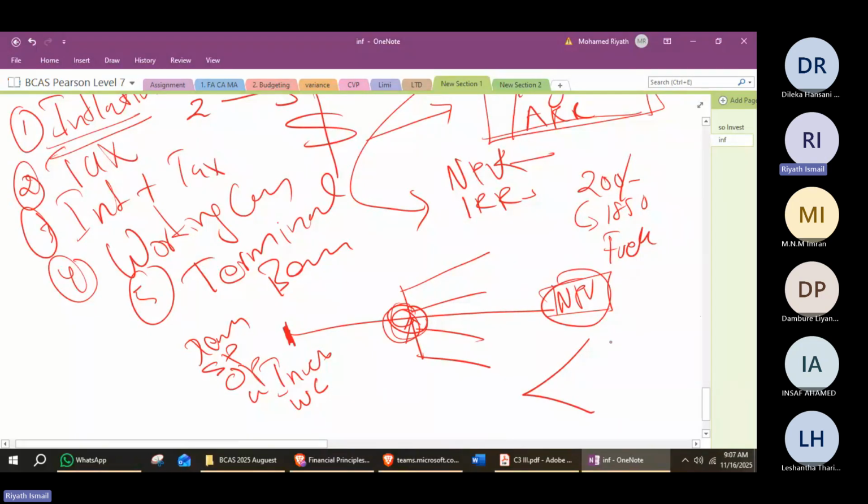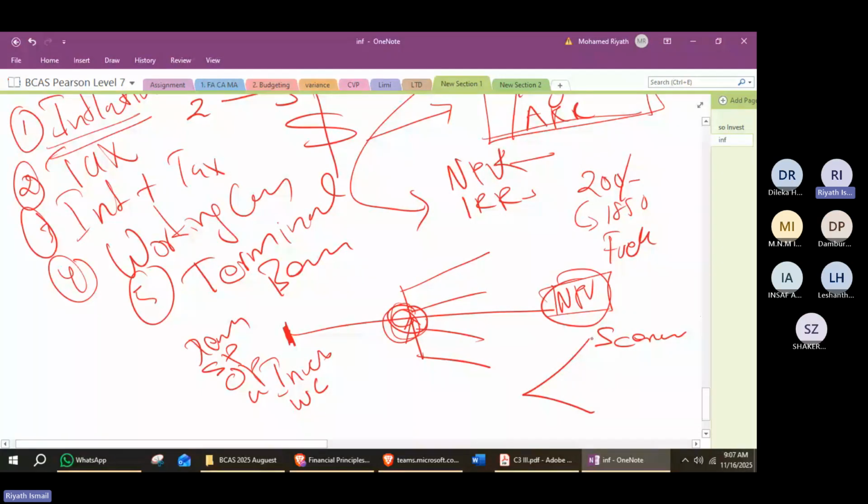We can discuss in two ways. One is scenario analysis. Scenario, I mean economic, in case of economic crisis and high inflation or government regulation change, and a global war or global financial crisis, economic sanctions, right?